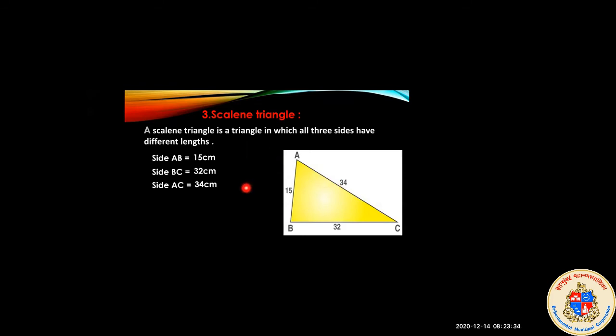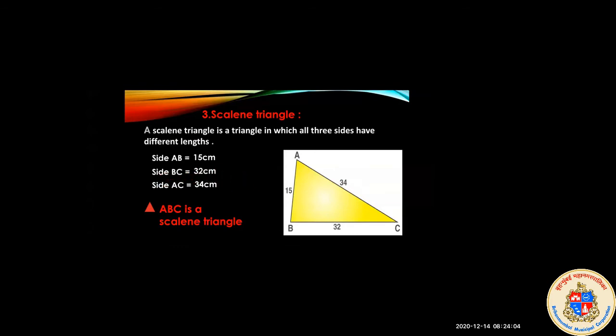So when you look at these measurements, you'll see that all the sides have different measurements. When the triangle has all the sides of different measurements, that triangle is called a scalene triangle. So this triangle ABC is a scalene triangle.